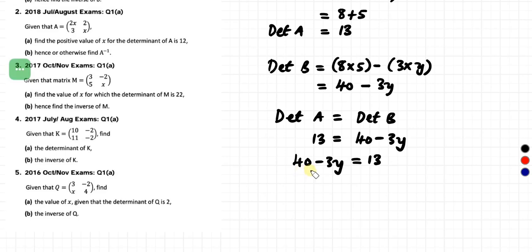This is a number and this is a number, so they must be on the right side of the equation. So here you remain with negative 3y is equal to 13. So this 40, when it jumps to the other side, it becomes negative 40. Then you have negative 3y is equal to 13 minus 40.